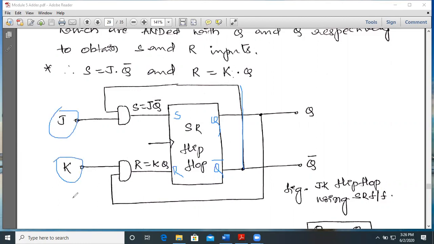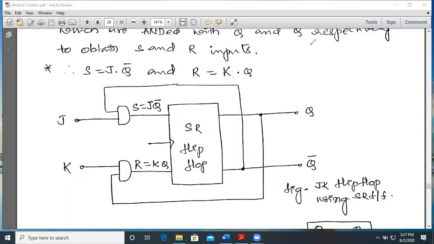Just now we saw J. In the same manner, we are giving one more input, which is K. K is given to one more AND gate. To this, we are giving the output Q, which is fed back over here, so that our R input now becomes K into Q. S input is J into Q bar, whereas R input is K into Q. This particular flip-flop is going to overcome what we saw, which is called the invalid state, or forbidden state.